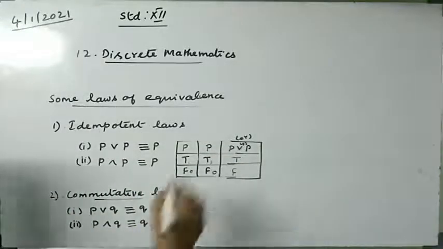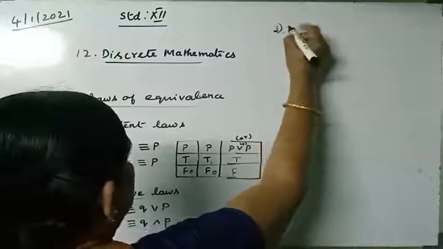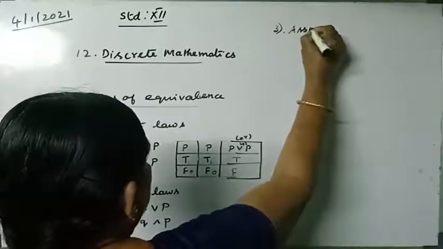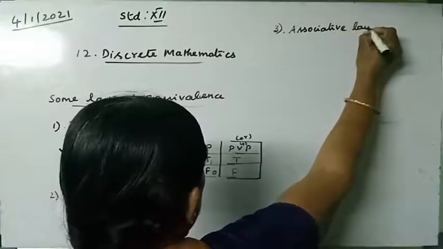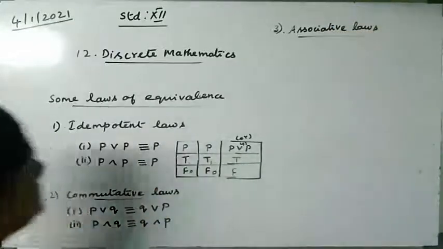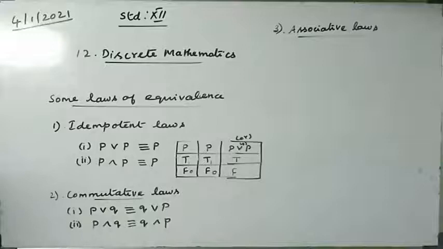Then the third one is associative law. Already you know what is associative and commutative.